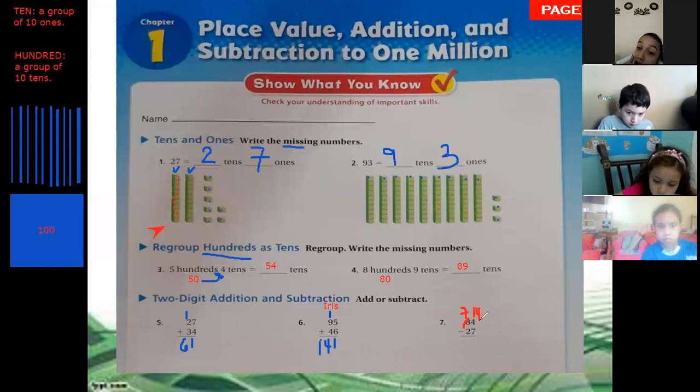Why a 14? Because 1 ten now is 10 ones. Un 10 se convirtió en 10 ones. Esos 10 ones, I am going to put them together with the number 4. So how many do I have now? I have 14. Now, Gabriel, 14 minus 7.